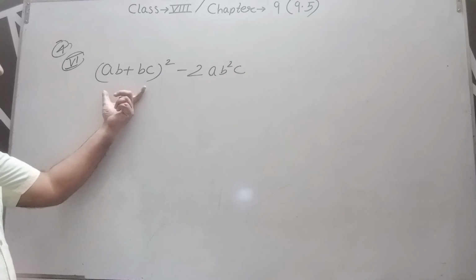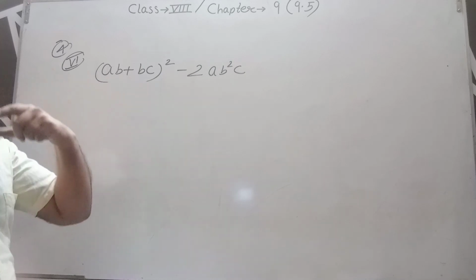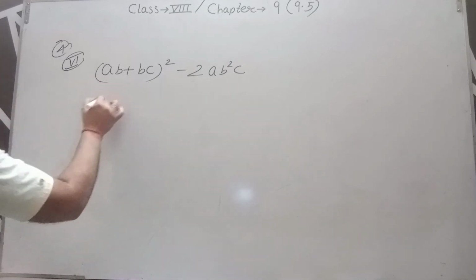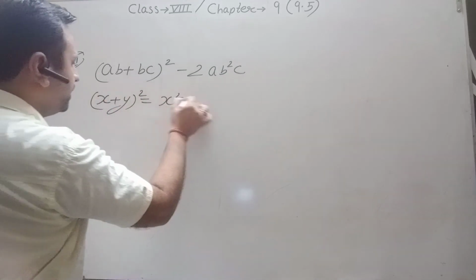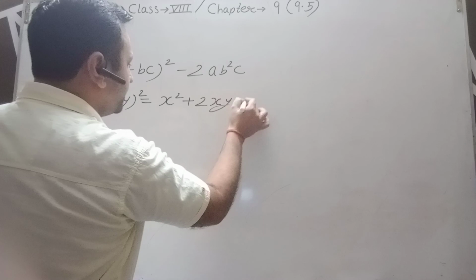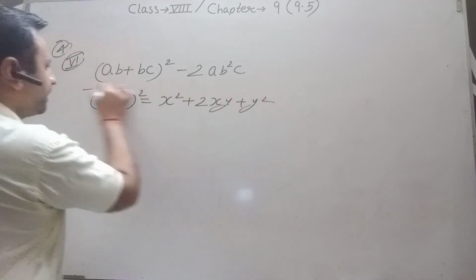So in this term we can use the entity (x plus y) whole square, which is equal to x square plus 2xy plus y square.